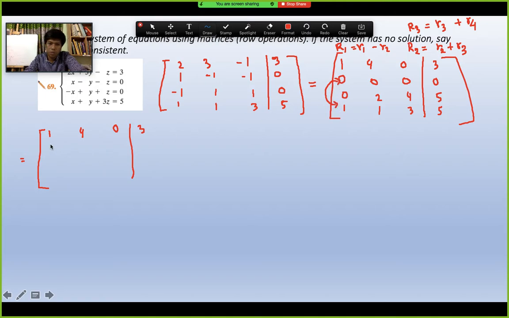So it will become 1 1 3 5, then 0 2 4 5, and the last one is 0 0 0 0.